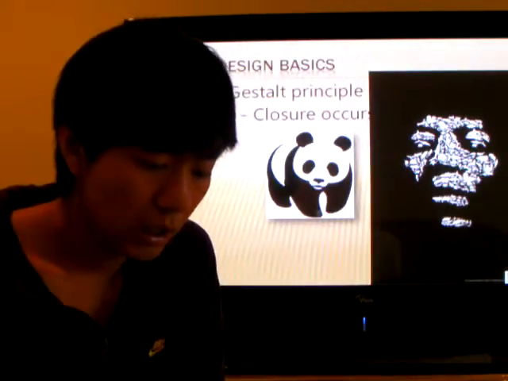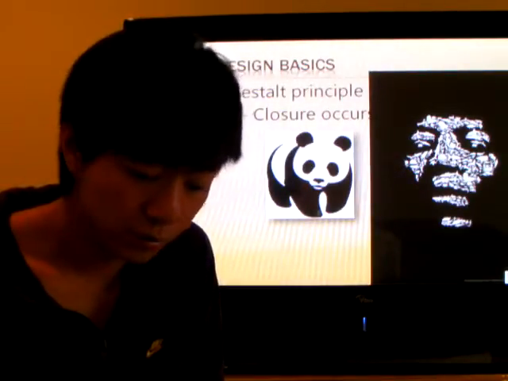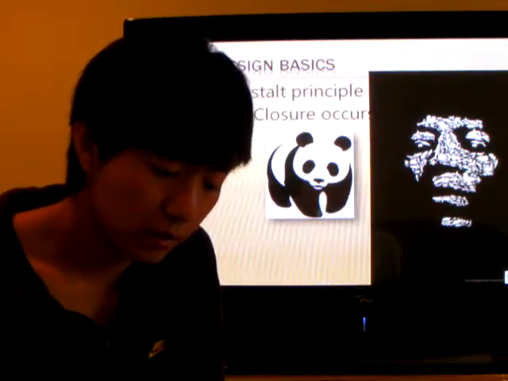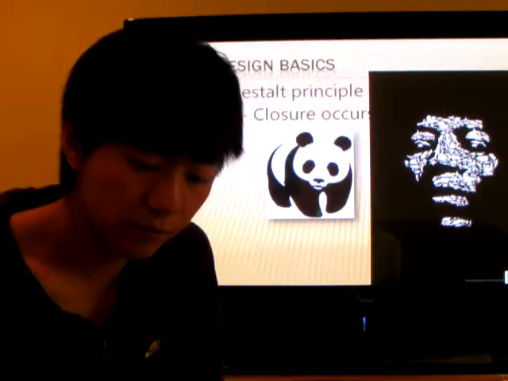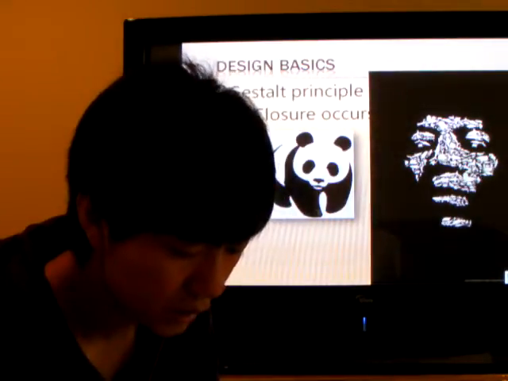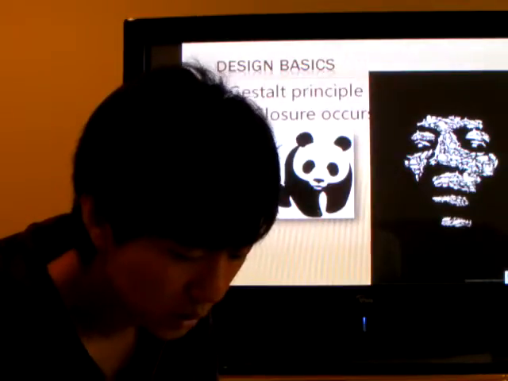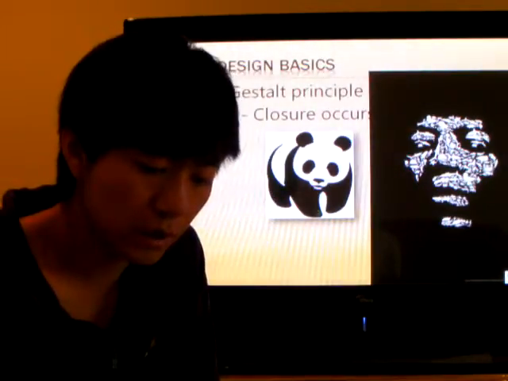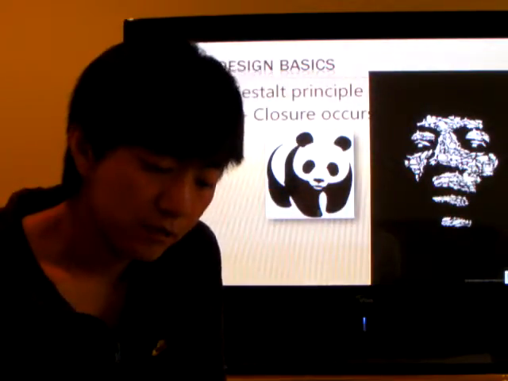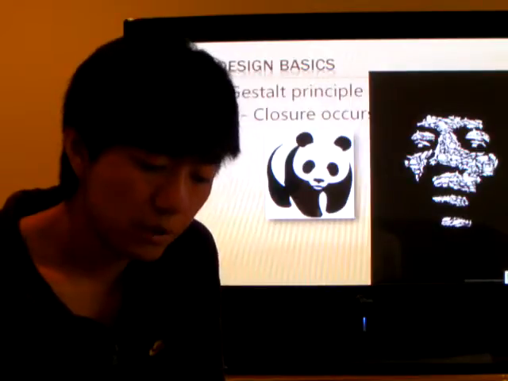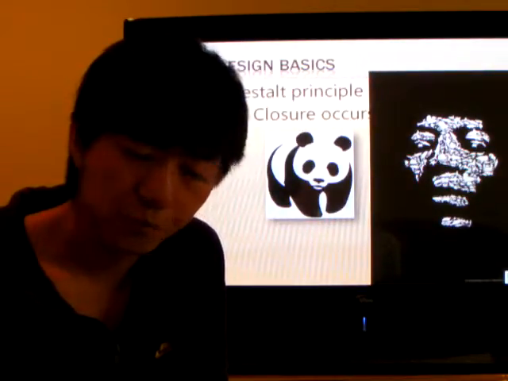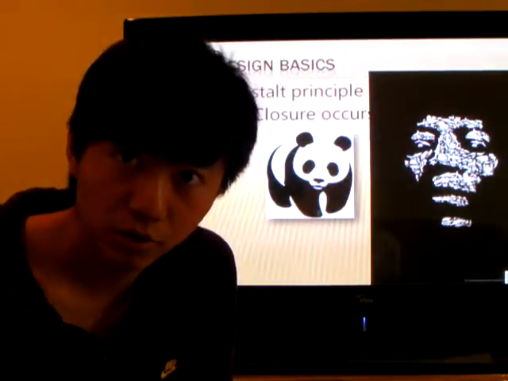Closure occurs when an object is incomplete or a space is not completely enclosed, if enough of the shape is indicated. People perceive the whole by filling in the missing information. Although the panda above is not complete, enough is present for the eye to complete the shape. When the viewer's perception completes the shape, like I said, closure occurs.